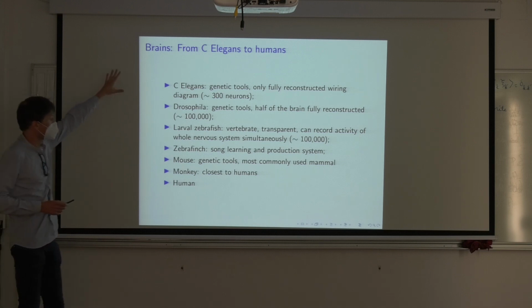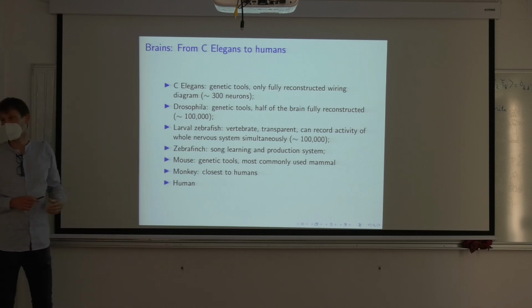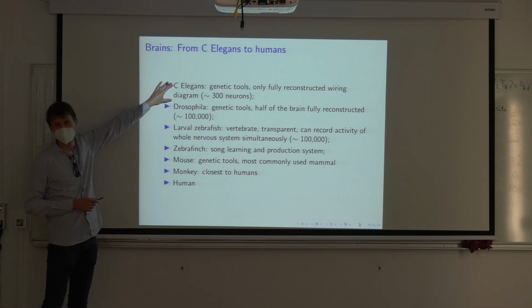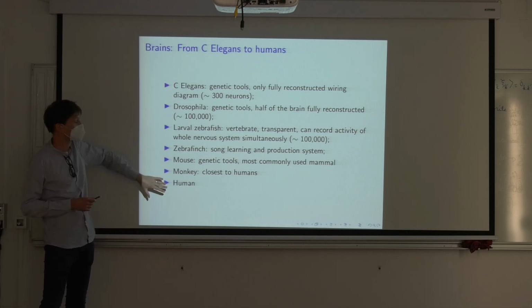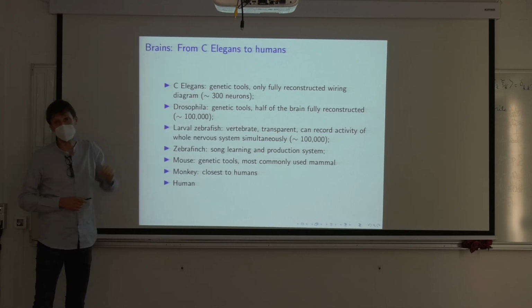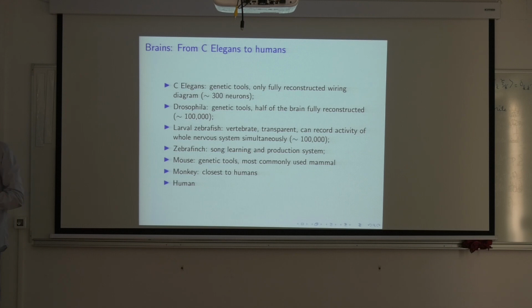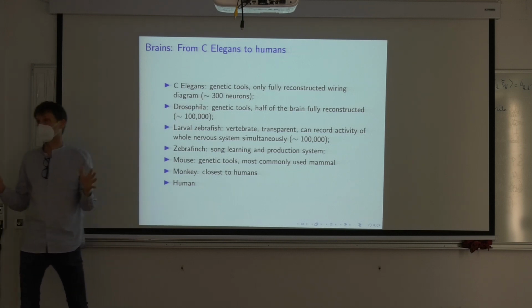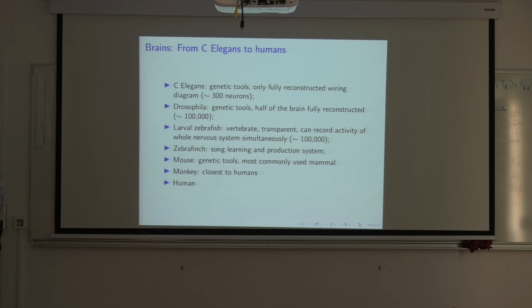And so neuroscientists have studied a whole zoo of different animals, going from the simplest to the most complex. The one on the top is C. elegans. C. elegans is a little worm that's approximately 1 millimeter long, and the brain of C. elegans has just 300 neurons.